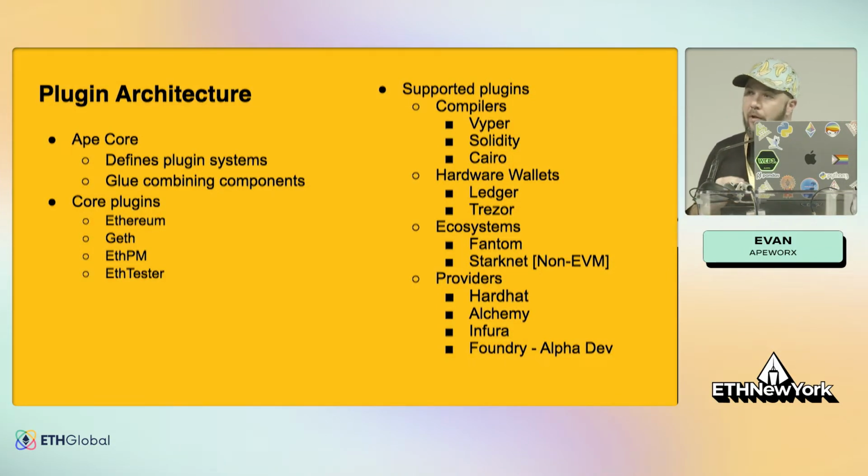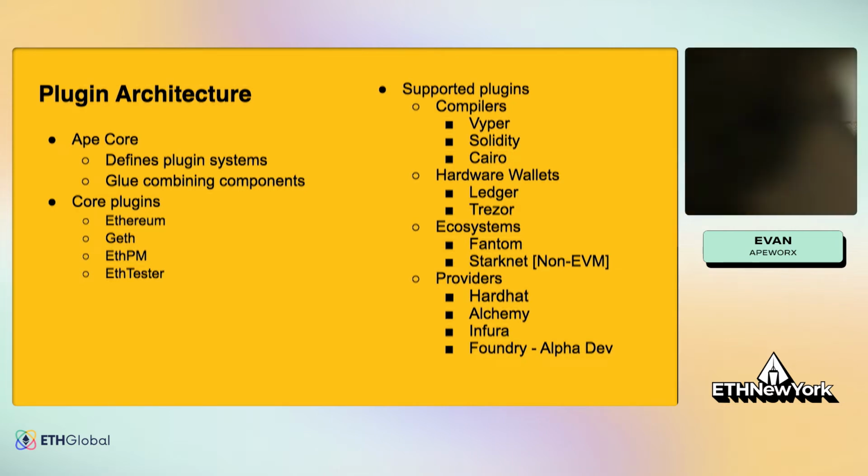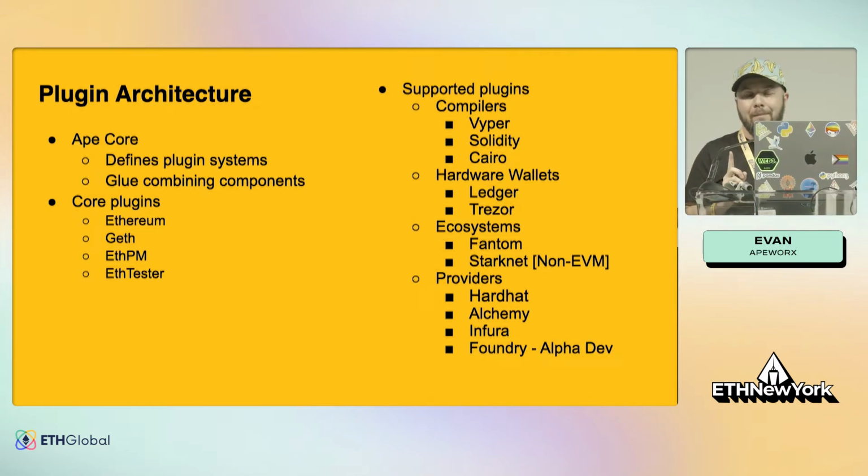You have some core plugins that come out of the box as soon as you download Ape: Ethereum, Geth, EthPM, which is a package manifest plugin, and then ETH Tester, which helps to set up and supply some of the locals that you can utilize in the testing environment.